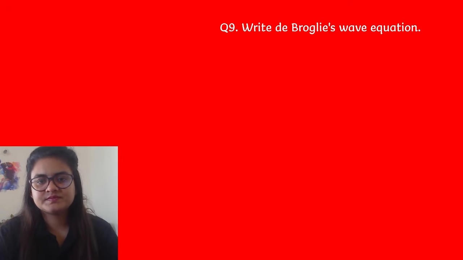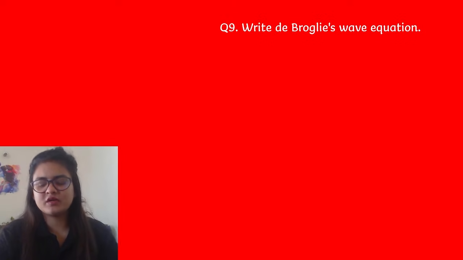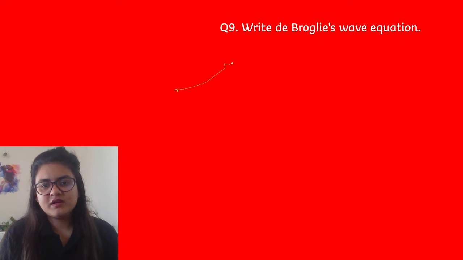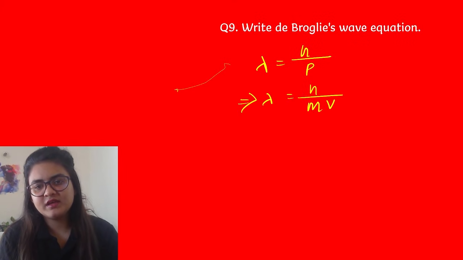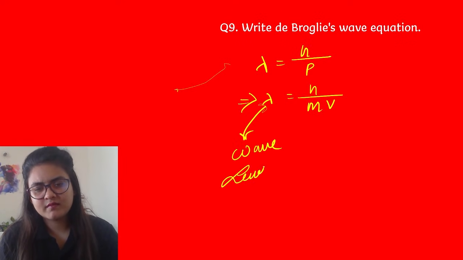Let's proceed. Write the de Broglie's wave equation. Whenever you are writing any kind of equation, make sure you are writing the abbreviation. So that is nothing but lambda equals h by p, or you can write lambda equals h by mv. What is lambda? Lambda is the wavelength. What is h? h is the Planck's constant.